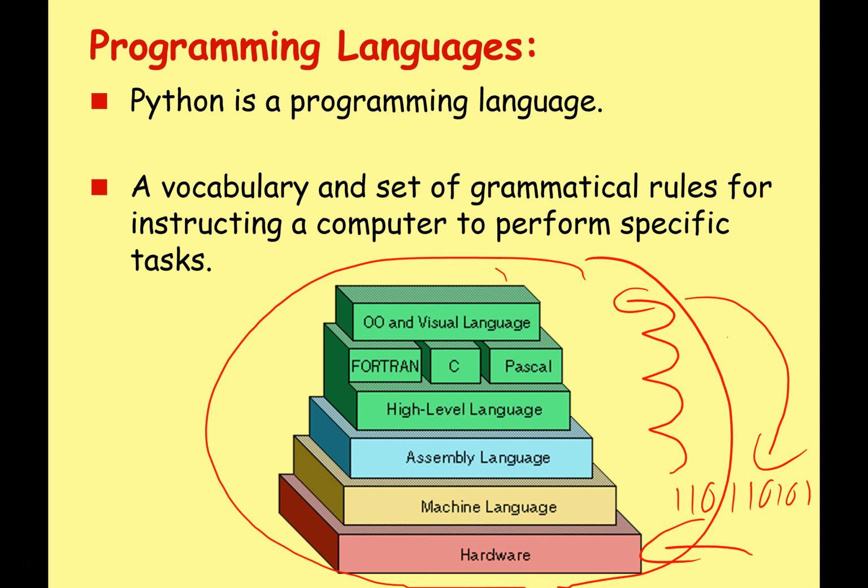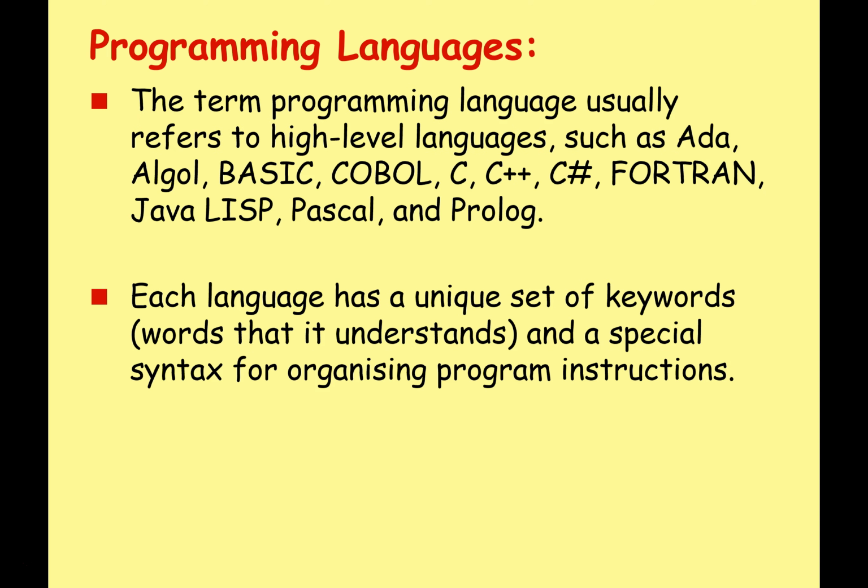The ones at the top are what we call the high-level languages, and then towards the bottom we've got things like assembly, which is a low-level language that you will practice a little bit, maybe at A level, depending on which exam syllabus you're following. So the term programming language usually refers to the high-level languages. And there's a big example here.